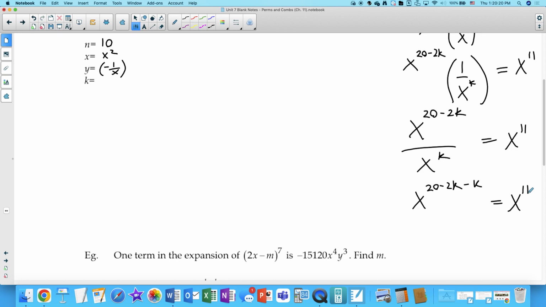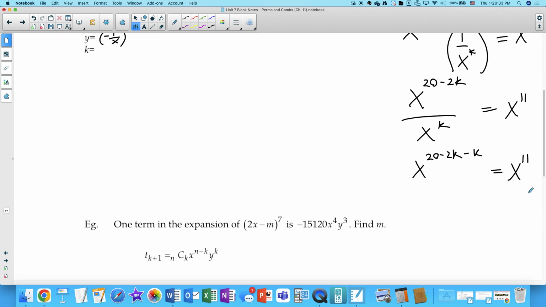Now this is good because I have a power equal to a power with the same base, so I can drop the bases and set the exponents equal to one another. And this works out to be 20 minus 3k.